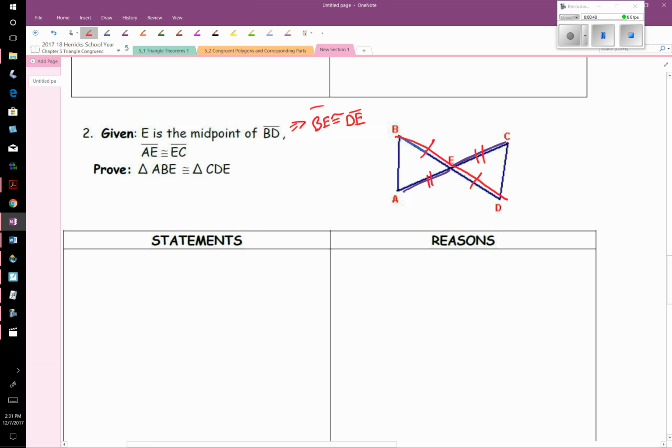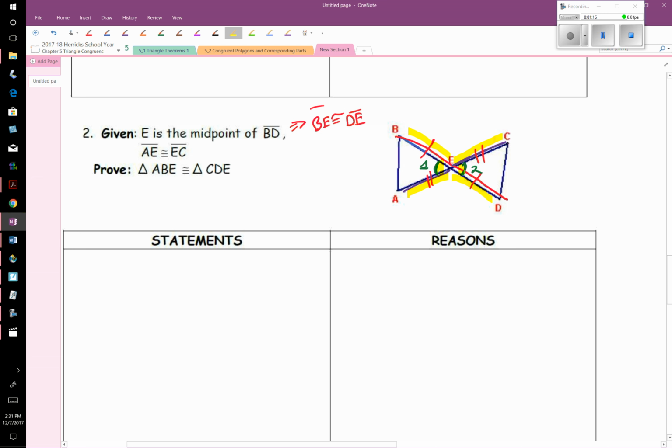But looking at the picture, we can tell that this angle, I'll call this 1, and this angle, I'll call it 2, are congruent because they're vertical pairs. Now looking at this, I have one side that's congruent to another, I have another side congruent to another, and there's an angle in between.